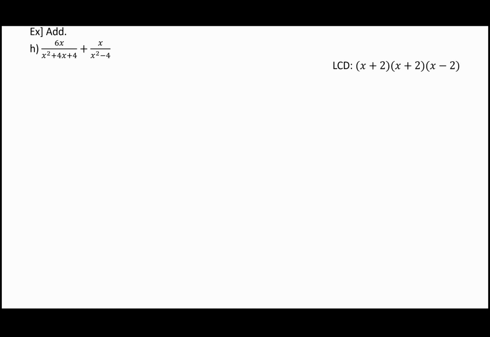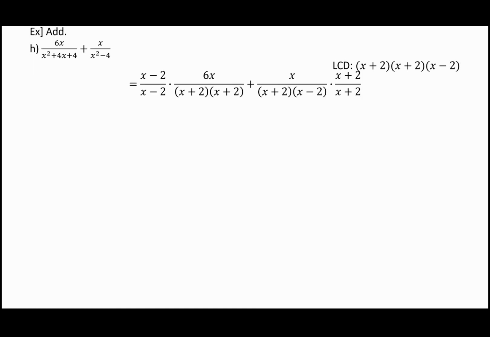I think it's a little easier to see which factors are missing when they're all expanded out, avoiding the exponential notation. So here is the rewriting of the original problem with factored denominators and corresponding fun ones, okay?